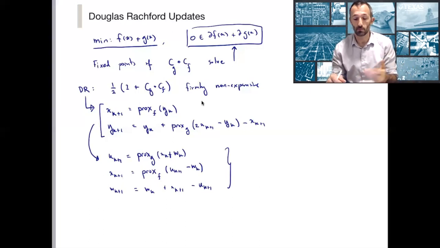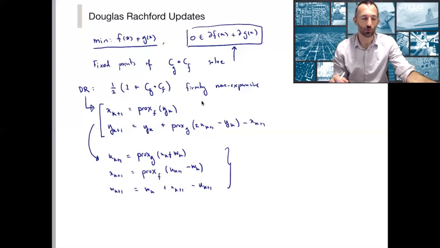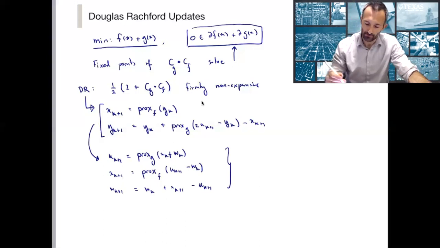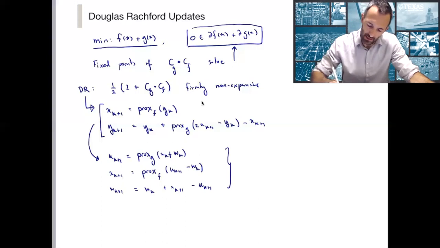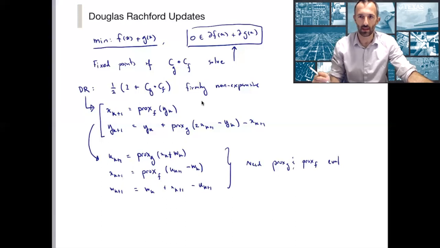In this case, the assumption is that prox g and prox f are easy to evaluate. So this is the idea. Let me just finally write that down. We need prox g and prox f evaluations. That's of course the case throughout. Similarly, it's just like saying that the Cayley operators are easy to evaluate.